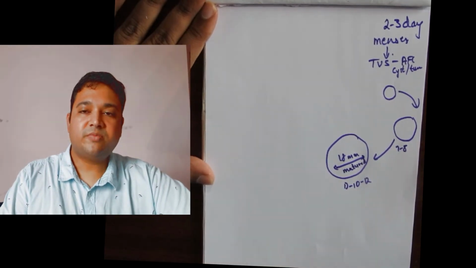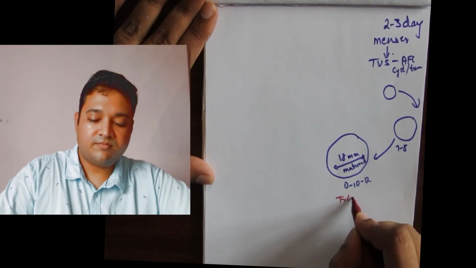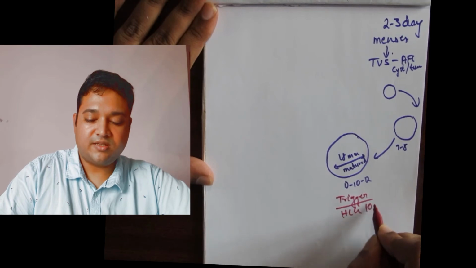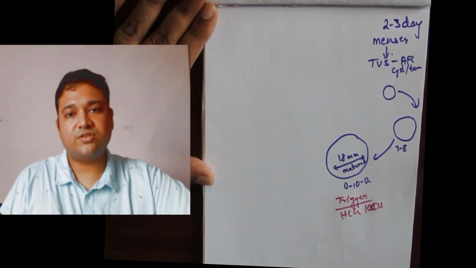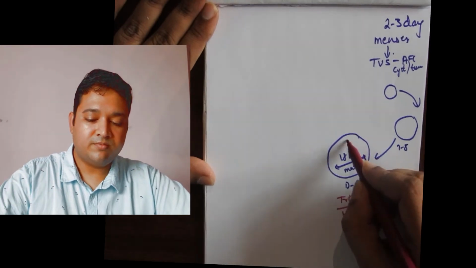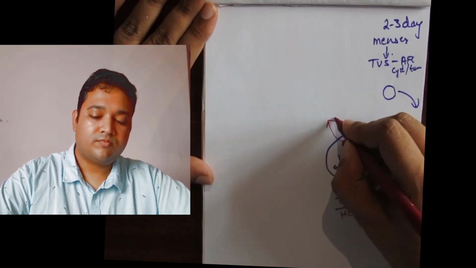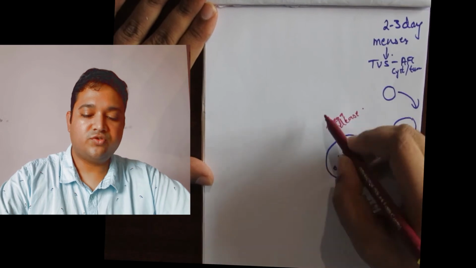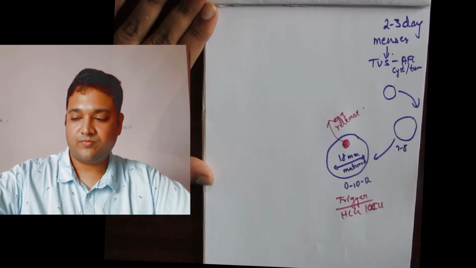When the follicle is matured, we give an injection called a trigger, which is usually HCG 10,000 international units. This injection causes the release of the eggs from the follicle, which is used for fertilization process inside her fallopian tubes.